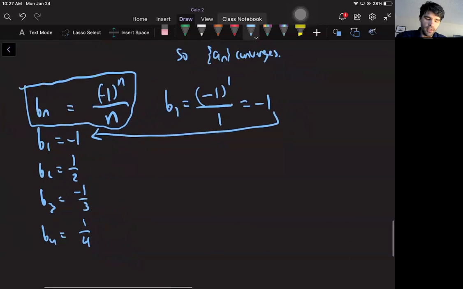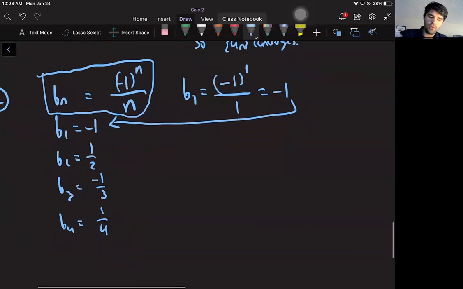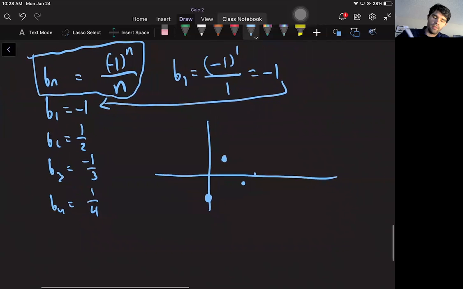So this one is also going to converge. And what's happening is it's going towards 0. You can think about it visually: -1, 1/2, -1/3, 1/4. So it bounces back and forth while going towards 0.